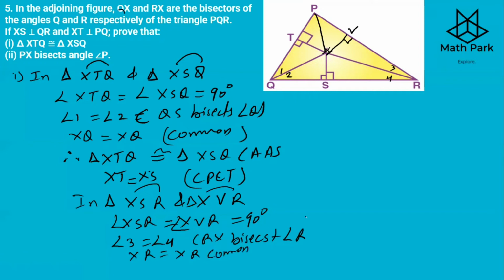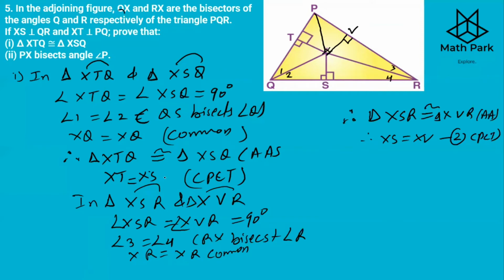Okay. And therefore you get triangle XSR is congruent to triangle XVR, by which? Again by AAS, the same way. And therefore you get XS is equal to XV. This is the second part, by CPCT. Okay.